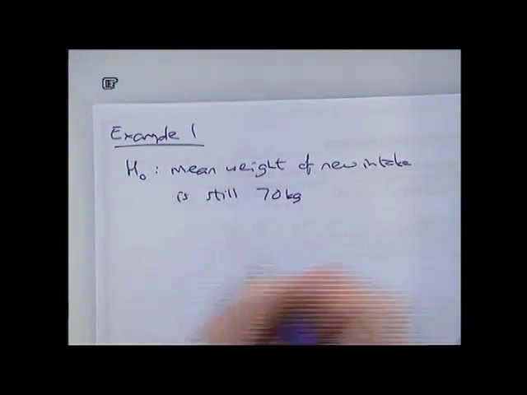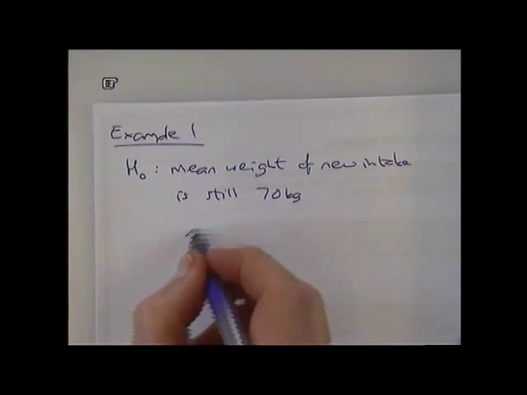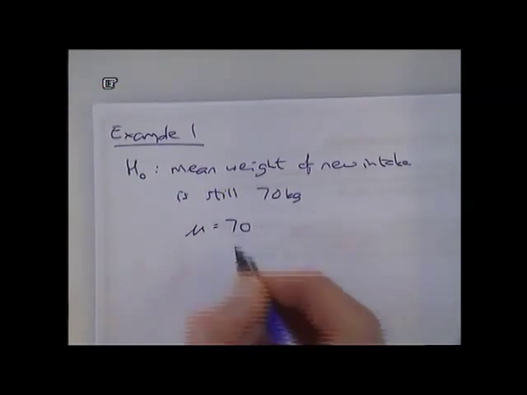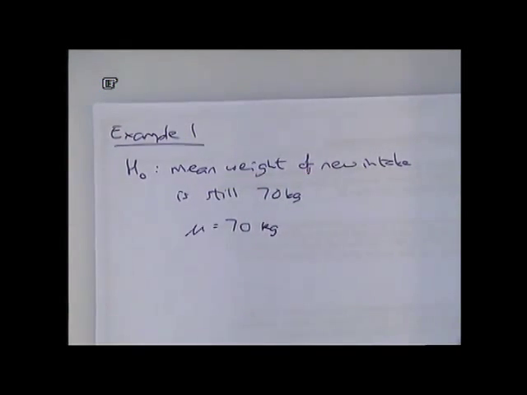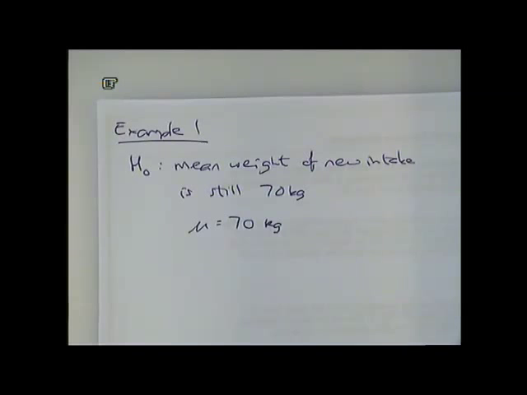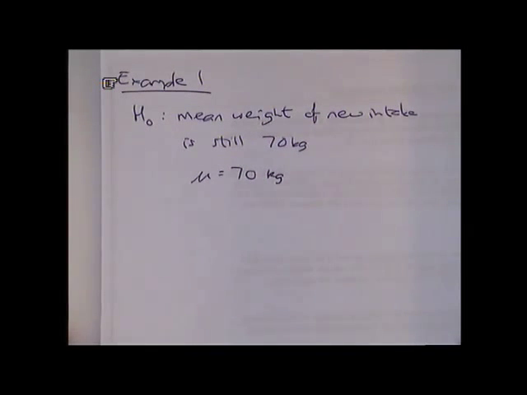Nothing has actually changed. You'd write it down as a sentence in an A-level question, and then in notation. The mean weight is mu, so we are saying that mu equals 70 kilograms. This year group are not guilty of being fat. That's the null hypothesis.